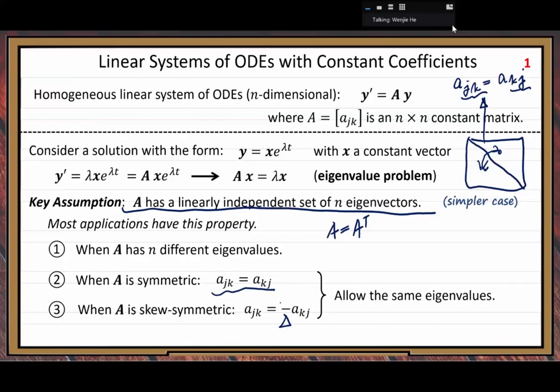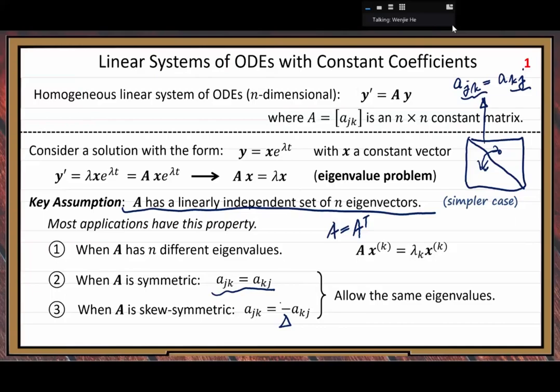But those matrices can still have n linearly independent eigenvectors. It's possible. But just how to describe them, right? What are those matrices? Still, it's possible they have n linearly independent eigenvectors.